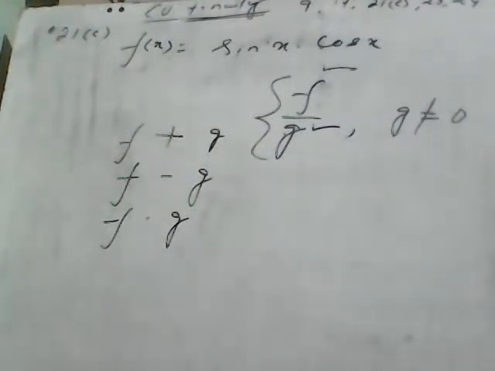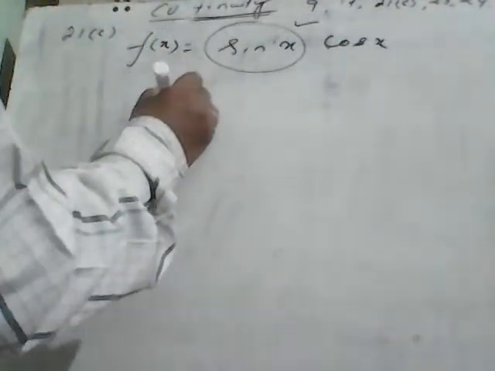Using this property, we can prove this one. Now, in one line, you can prove sin x is a continuous function. Suppose g(x) equal to sin x.